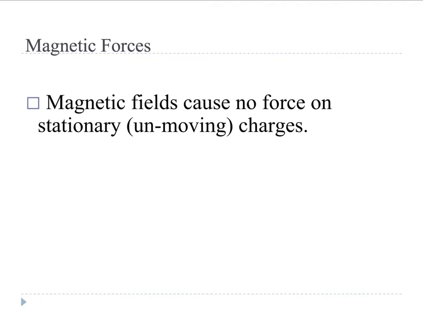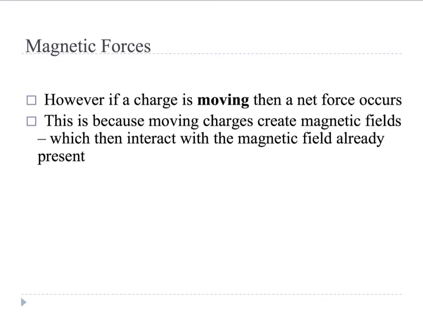So magnetic fields by themselves cause no forces as long as the charges are stationary or unmoving. If a charge is just sitting here all by itself without moving, there's no force. However, if a charge is moving, so we give that charge a direction and a velocity, then we get a net force. If you think about it, this makes sense because when charges move, they create magnetic fields.